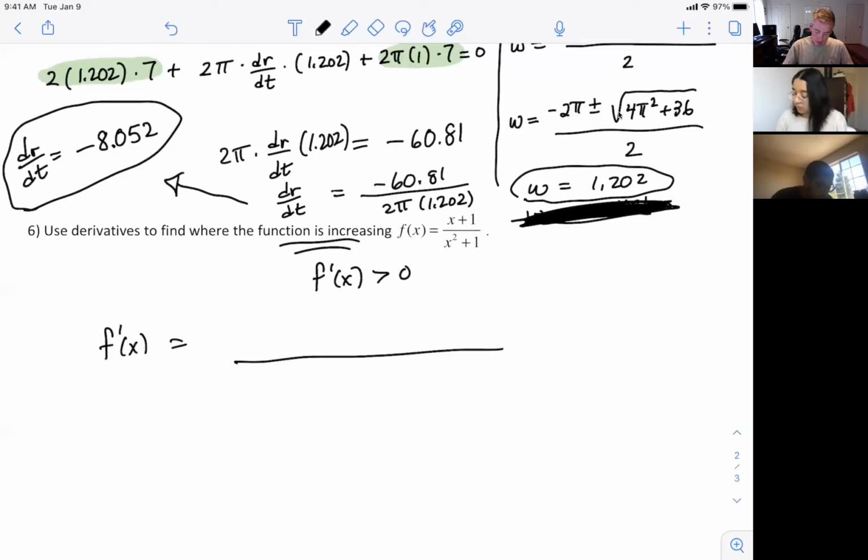The derivative on top, the derivative of x plus 1 is just a 1. And then times the bottom one, x squared plus 1, minus, just copy down the x plus 1, and then take the derivative of x squared plus 1 is 2x. And the last part of the quotient rule, the bottom gets squared.